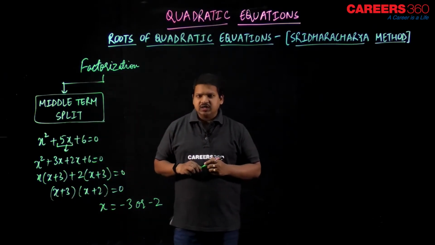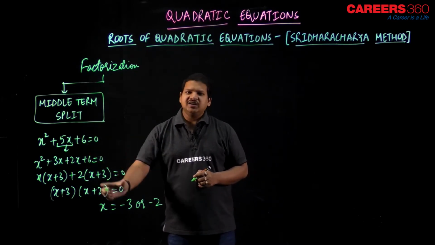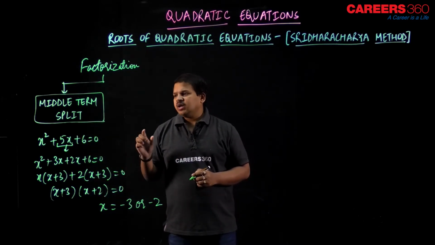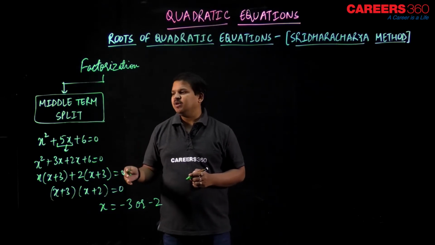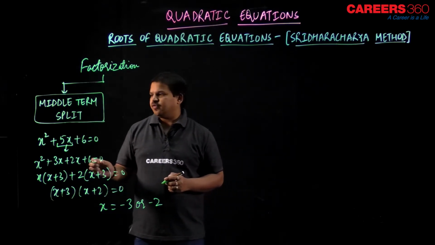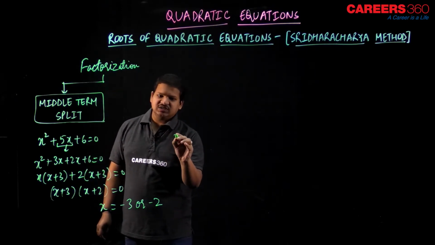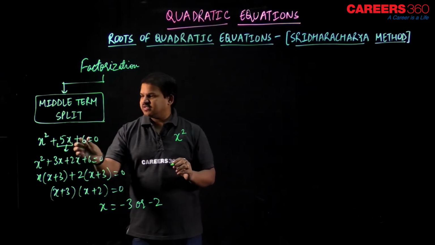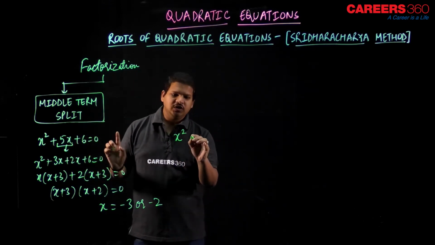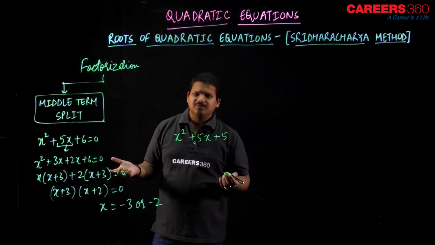Now, there are some conditions in which this format doesn't work out, or it works out but the solution is not so easily findable. For example, I took x square plus 5x plus 6. What if it was x square plus 5x plus 5 only, right?